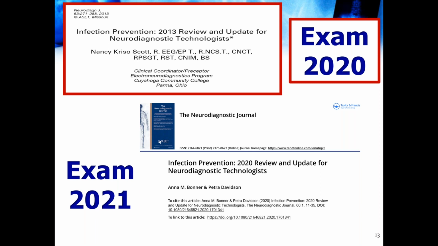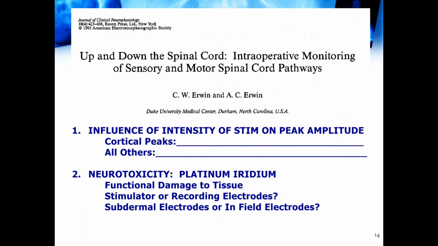Now, if you reach out to me via email, I will send you both. I think I will send you both, but know that the most important one to commit to memory for the test will be the 2013 one, unless you're sitting in 2021.